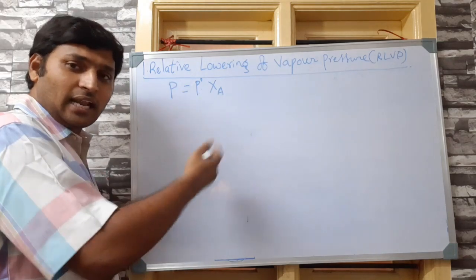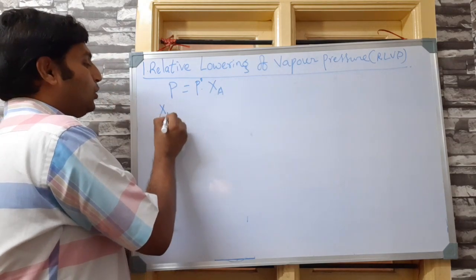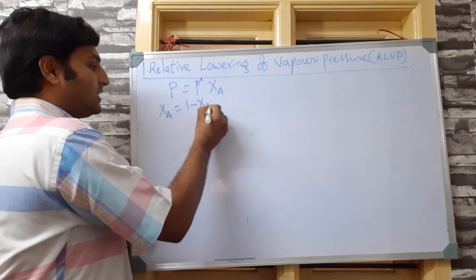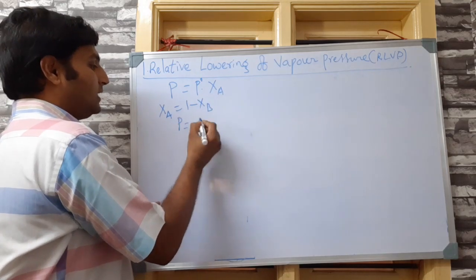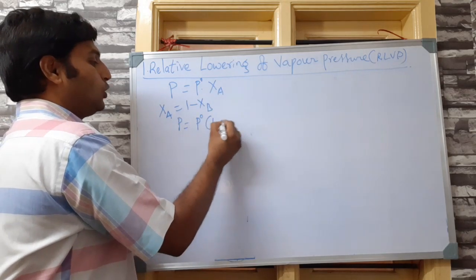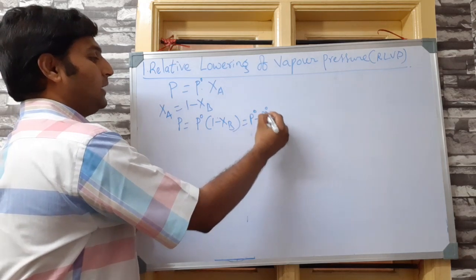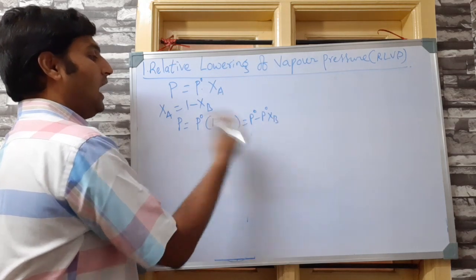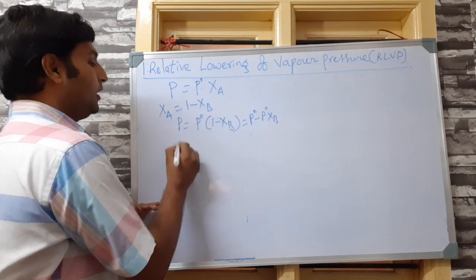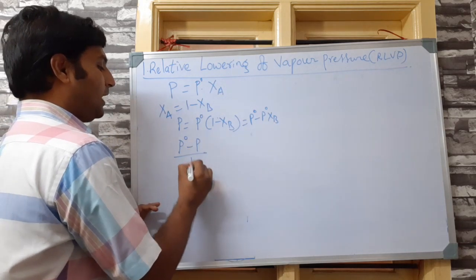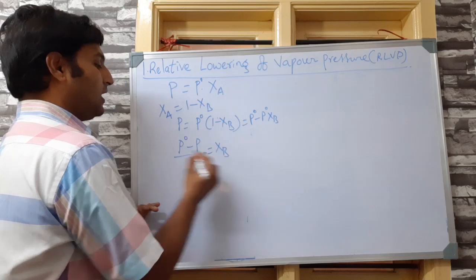I am just repeating it. You know XA is equal to 1 minus XB. So substituting, P0 into 1 minus XB gives P0 minus P0 into XB, and rearranging you get (P0 minus P) by P0 is equal to XB.